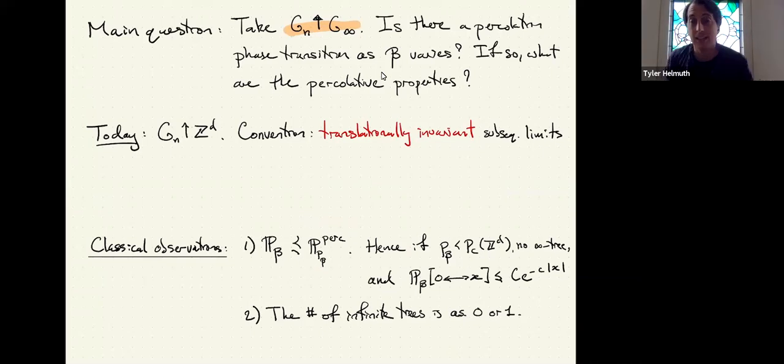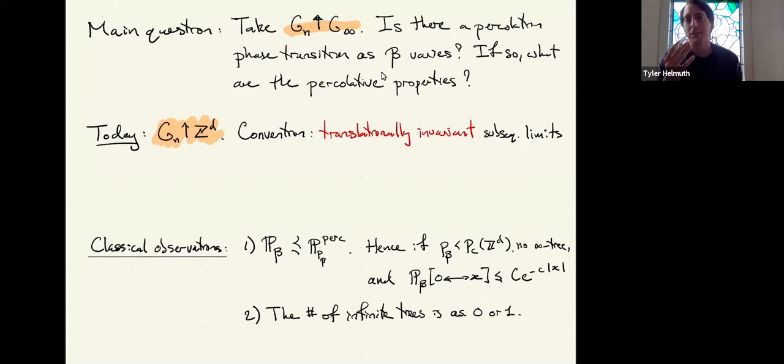So any infinite graph G infinity and taking G and increasing is interesting. Well, any is too strong. If you take a tree, then you're just talking about percolation because there's no conditioning whatsoever. So we shouldn't take a tree because we already know what happens. So you should take something else. For me, the most interesting, or what I want to talk about today, is taking Z^d and taking boxes approximating Z^d. But you might like to think about other examples.